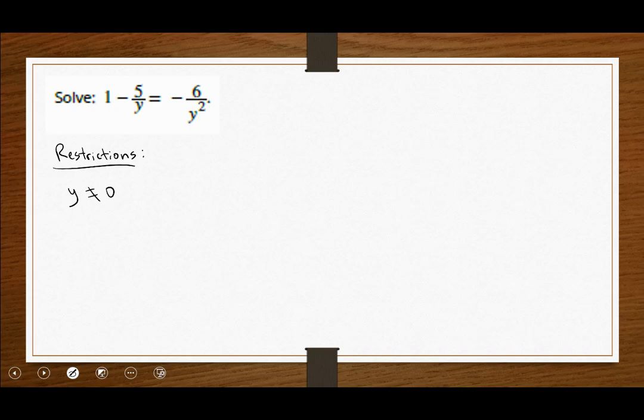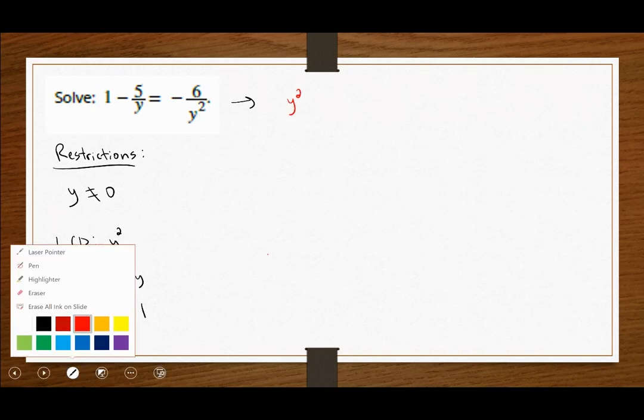So what is my LCD value? In this case, again, I've only got two denominators. Y squared factors to give me y times y. Y, of course, factors to give me 1 times y. And so the LCD is just y squared. If I take my general equation here and I multiply everything by y squared, what are we going to end up with?